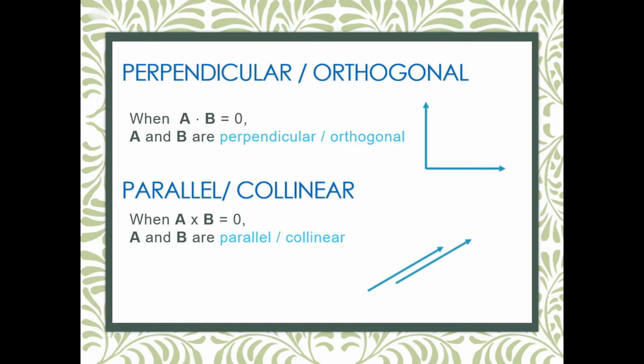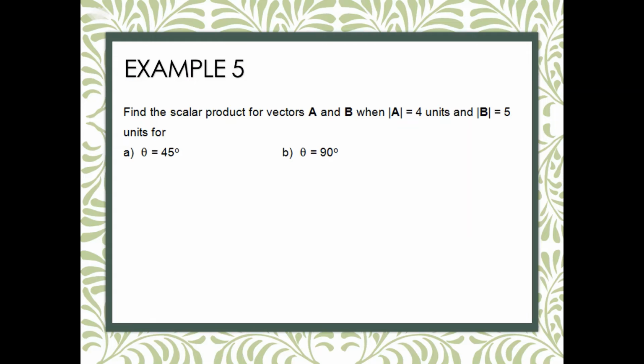This is because when the two vectors are parallel, the angle between these two vectors is either 0 degree or 360 degree. Refer to example 2. You need to find the scalar product for vectors A and B when the magnitude of A is 4 units and the magnitude of B is 5 units.